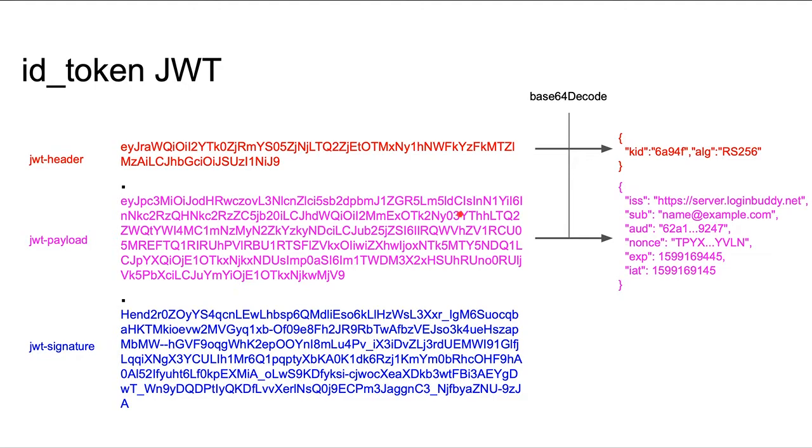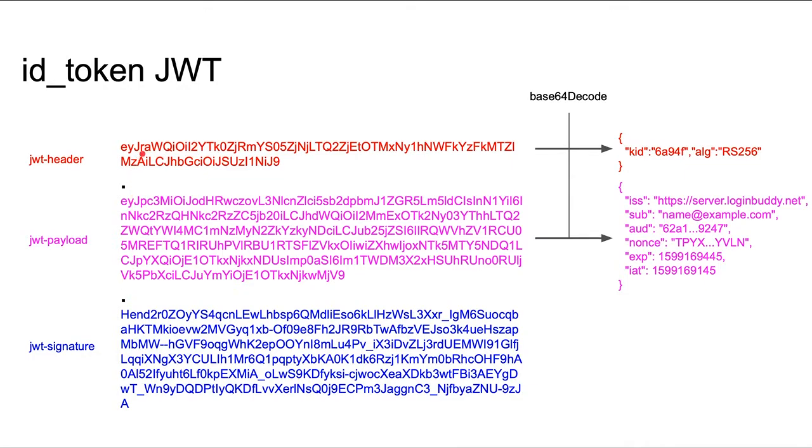If a client receives a JSON Web Token, an ID token as JWT, the JWT is usually a very long string, which starts with E, followed by a Y, and goes all the way down to the last character. You will always see three components, each separated from the others by a dot, as in this example.